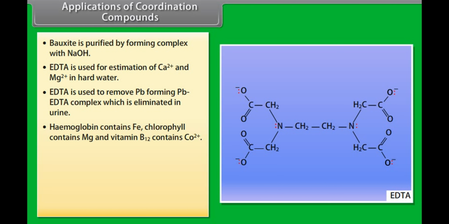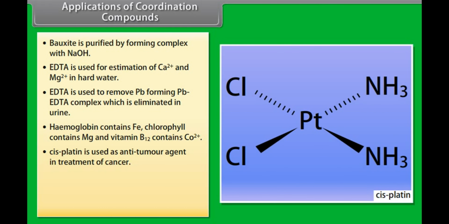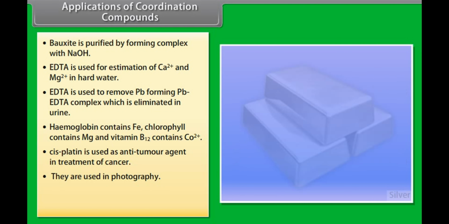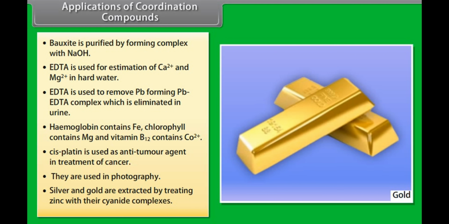Hemoglobin contains Fe, chlorophyll contains Mg, and vitamin B12 contains Co2+. Cisplatin is used as an anti-tumor agent in treatment of cancer. They are used in photography. Silver and gold are extracted by treating with zinc their cyanide complexes.